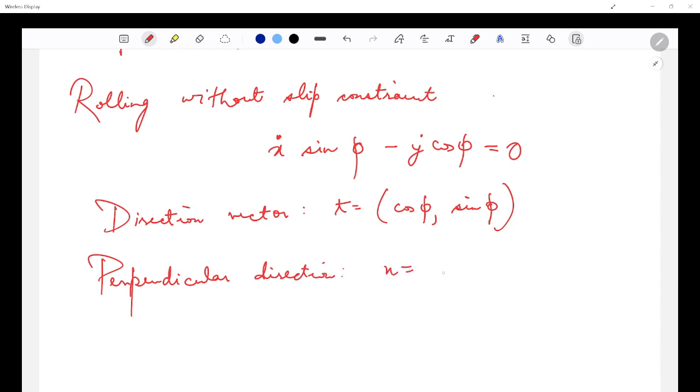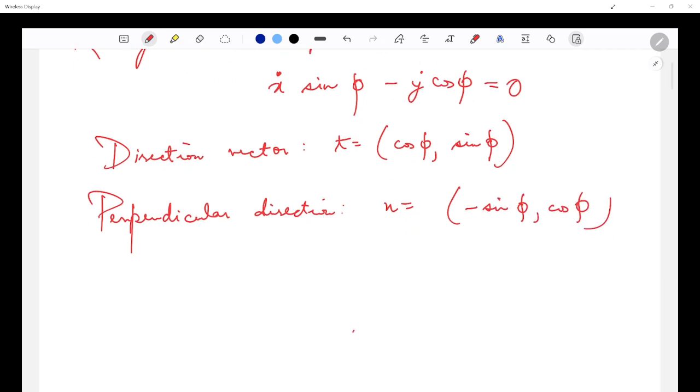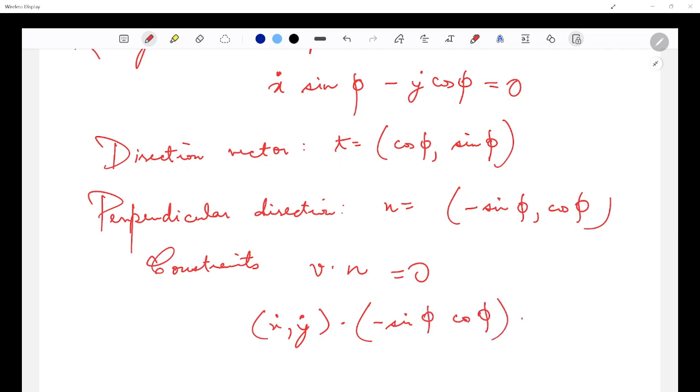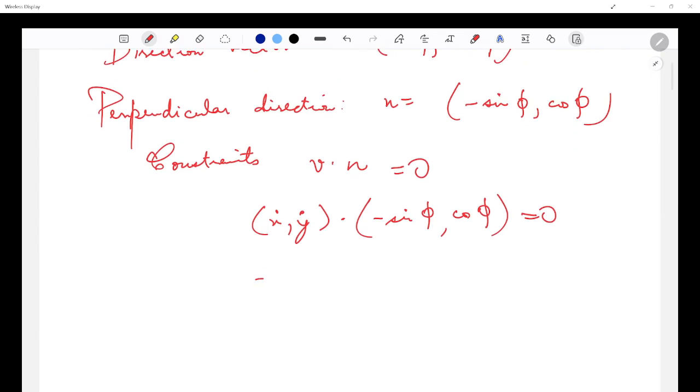It is minus sin phi comma cos phi. And what is the constraint that we have? It is v dot n is equal to 0. That means x dot comma y dot dotted with minus sin phi, cos phi should be equal to 0. So from here what do we get? x dot sin phi minus y dot cos phi is equal to 0. Okay.